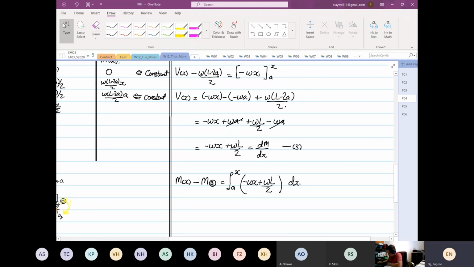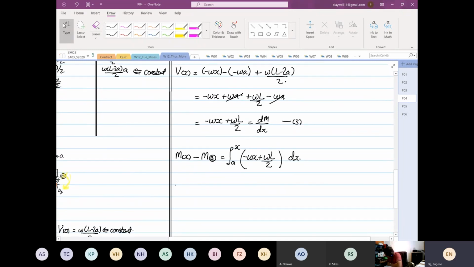Okay, so M as a function of x, and then this will be minus omega (L minus 2a) over 2 multiplied by a. So this will be equal to minus omega x squared divided by 2 plus omega Lx divided by 2, and the limits are x and a.